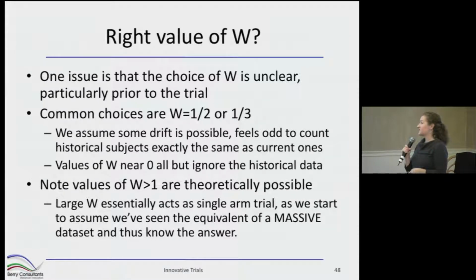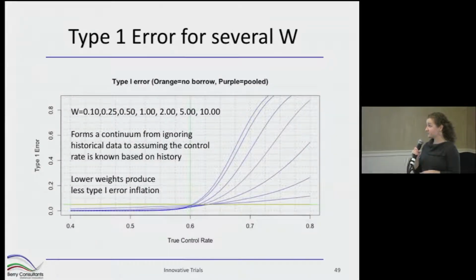So essentially, assuming large values of W is equivalent to assuming that you have a massive data set from the past and you essentially know the answer. All right, so now what I've done on this graph is show different values of W, so different ways that we could weight the historical data.